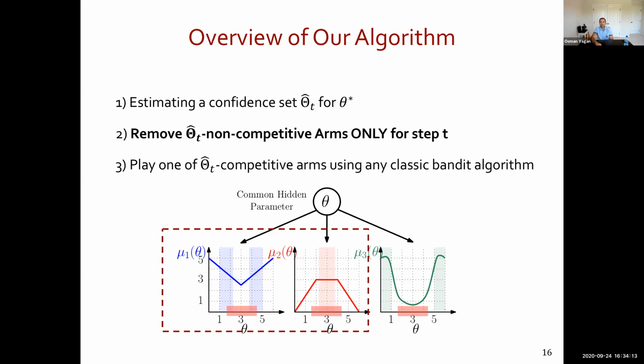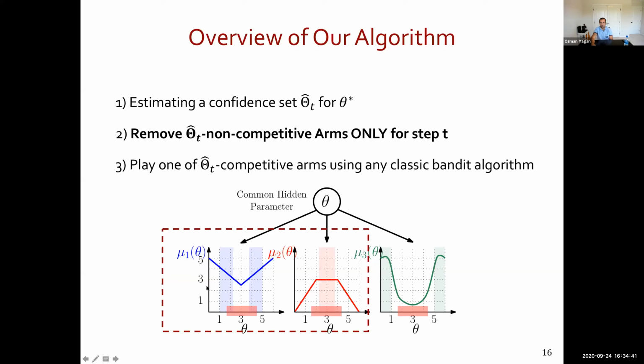Okay, so the algorithm has a pretty simple structure. As we said, this is extending the classic algorithm. So the last step of the algorithm will always be borrowing from your choice of classic bandit algorithm. And the first step is also not unusual. Based on the samples we have so far, we estimate a confidence set of where the actual value of theta might be.